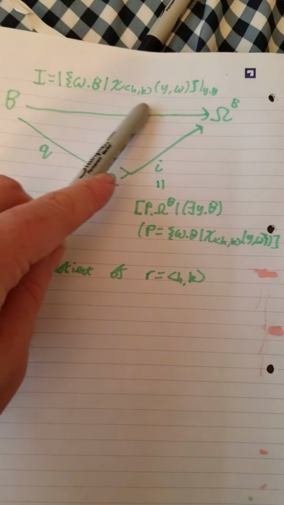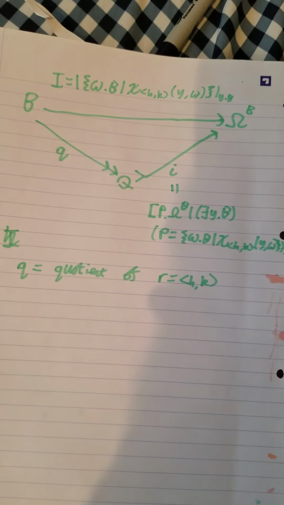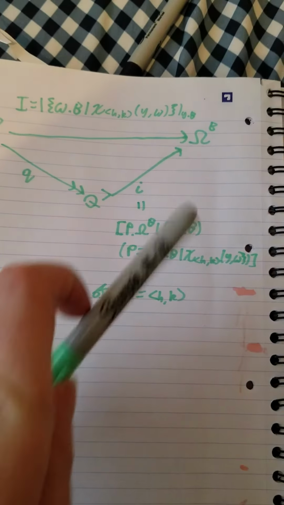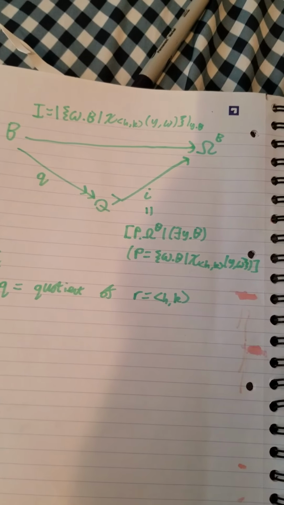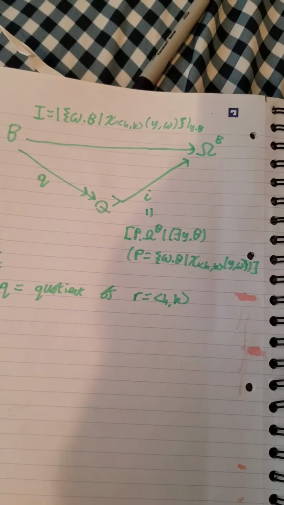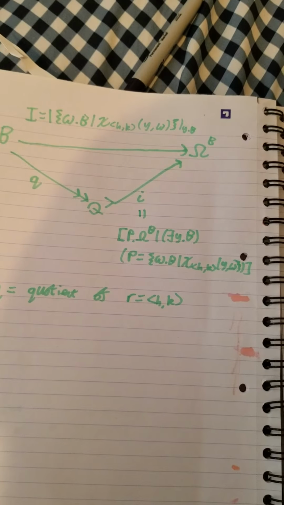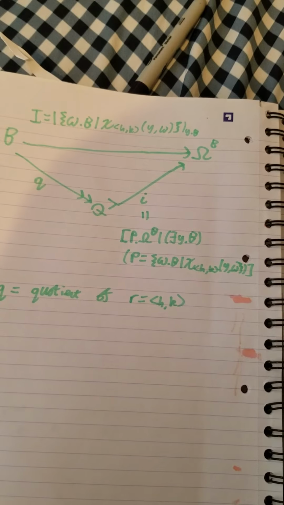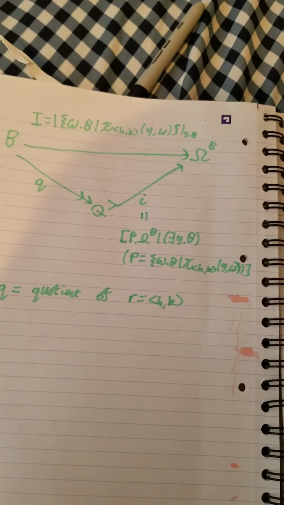We form this kind of arrow, which is basically going to send a y in B to the quasi-set of w in B that's in this equivalence relation with y.